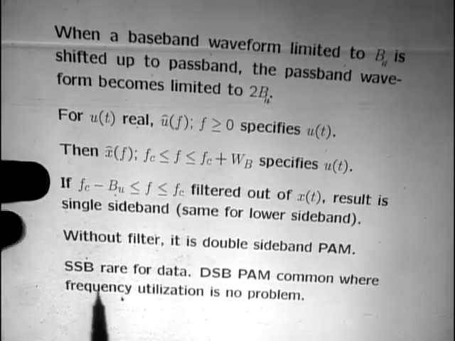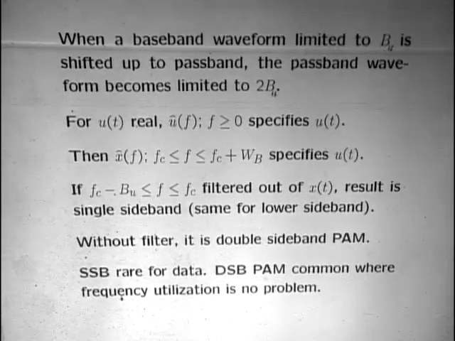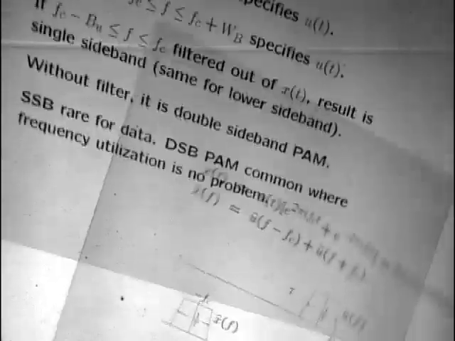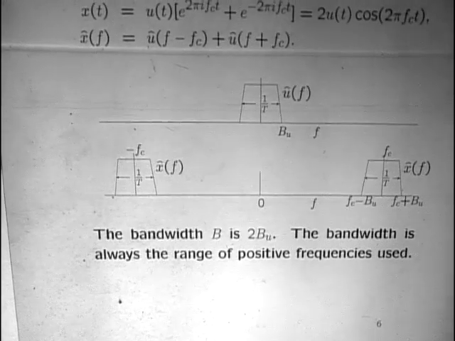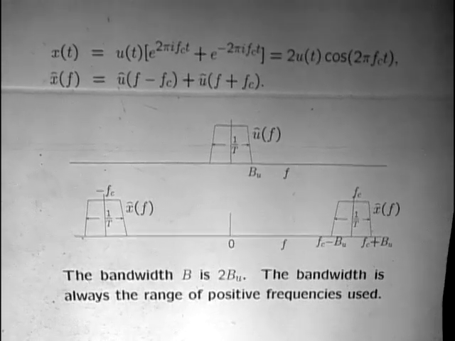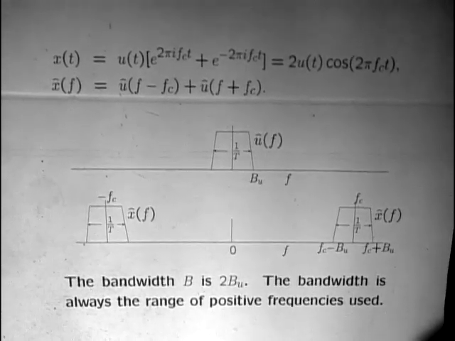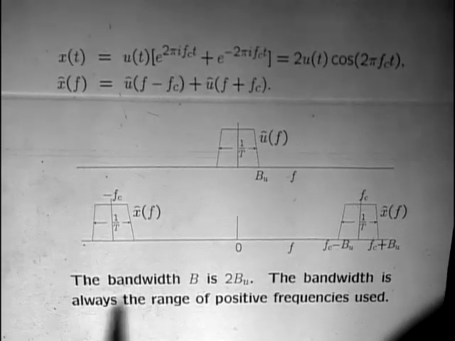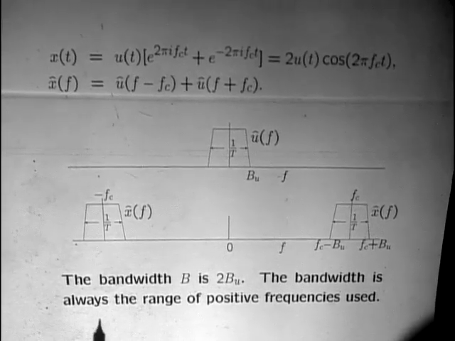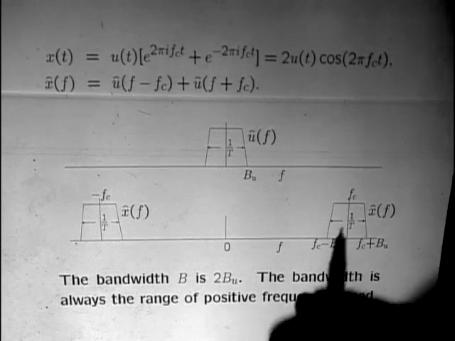Okay, if you filter out this lower band here, now what's the lower sideband here? Who thinks the lower sideband is this? Who thinks the lower sideband is this little thing here?